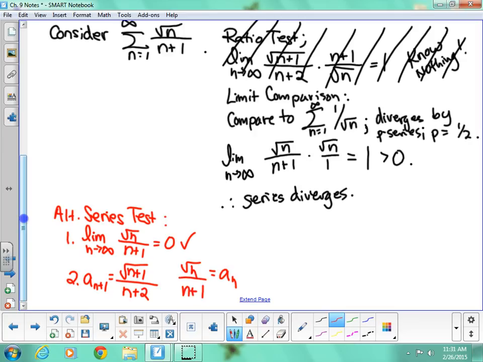Uh-oh, how do we compare? Youngji, you and I did this one, I think in homework for limit comparison, because I remember this problem. How do we compare? Well, his denominator is a little bit bigger. Yeah, but his numerator is a little bit bigger. Uh-oh.